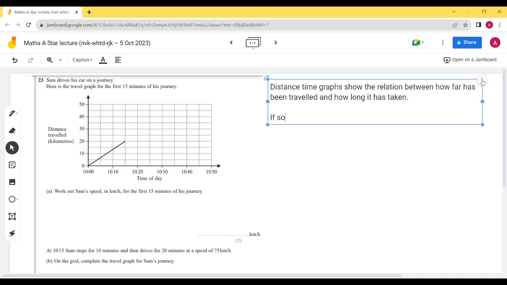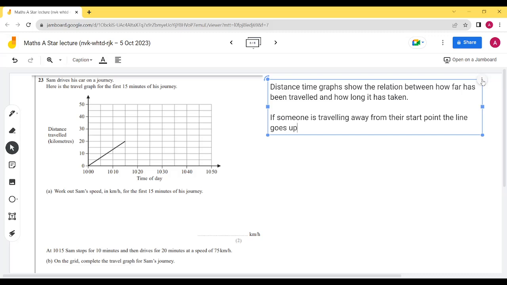So if someone is travelling away from the start point, the line goes up, as we can see here. If someone is stationary, so not moving, the line is flat or horizontal.